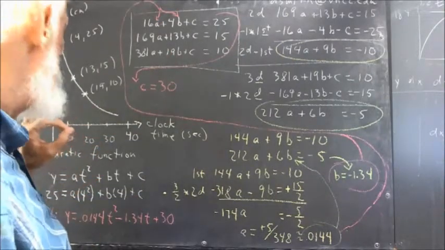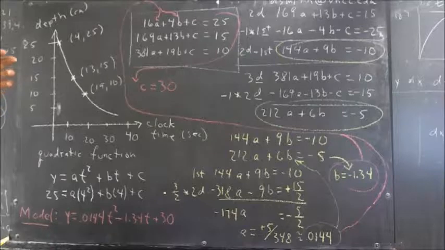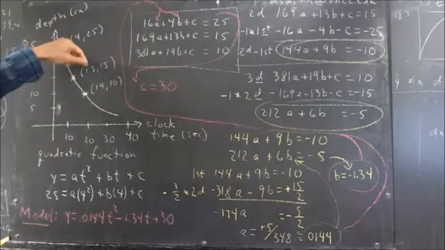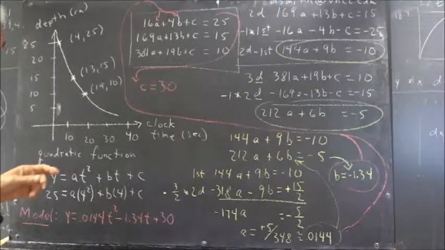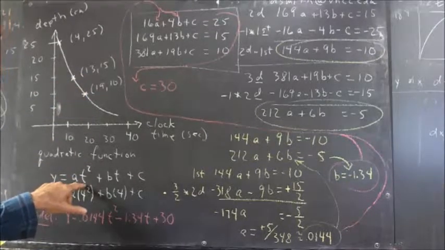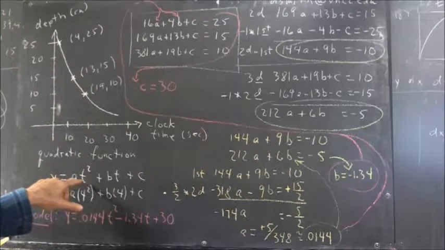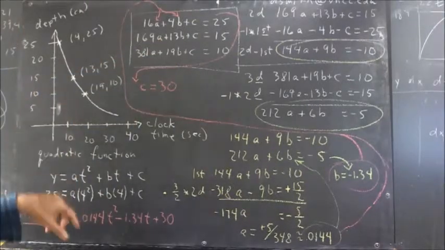Then I asked the class to give me the equations that correspond to this point and this point. So everybody did that successfully and without much trouble. Plugging 13 in for t, we get 169a. 13 squared is 169.